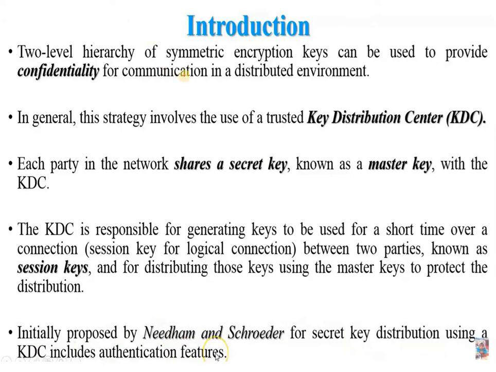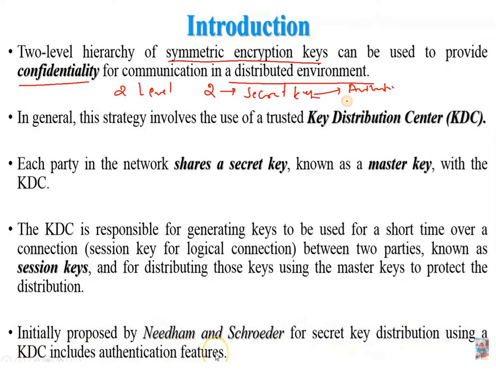A two-level hierarchy of symmetric encryption keys can be used to provide confidentiality for communication in a distributed environment. Two-level hierarchy means two types of secret keys are used. One secret key is used for authentication purposes, and another secret key we will use to encrypt the session key.